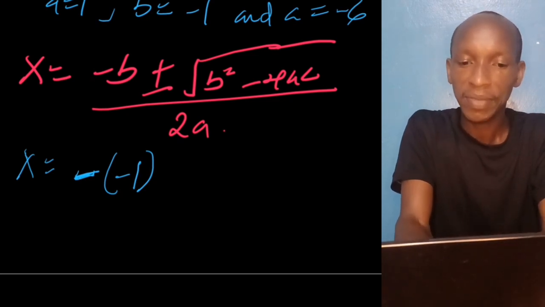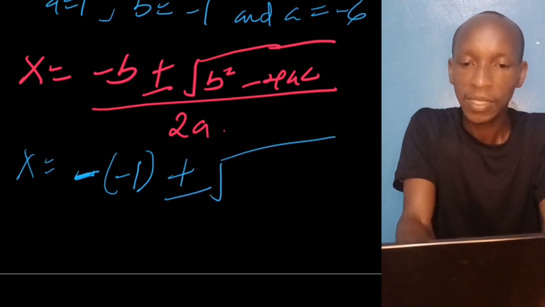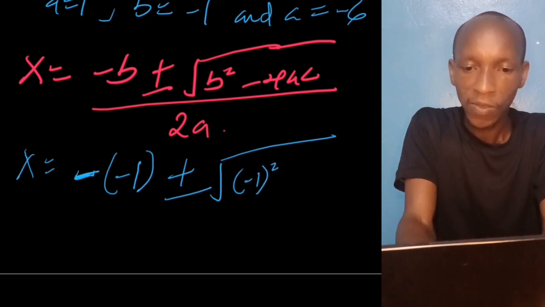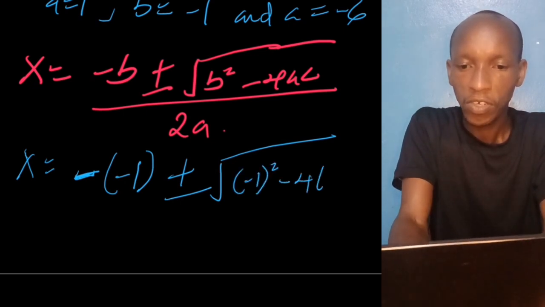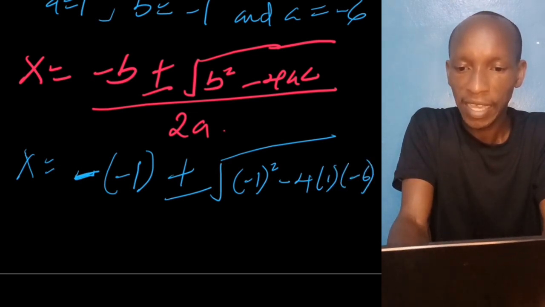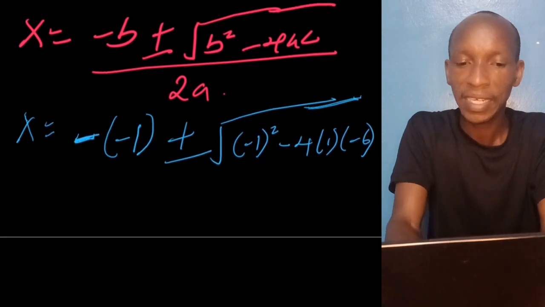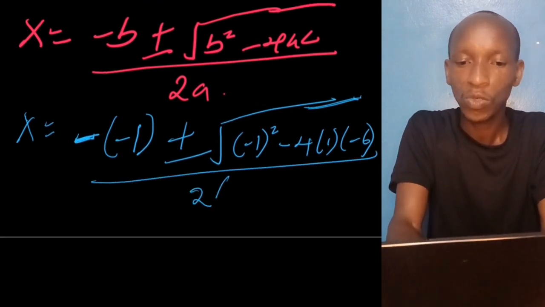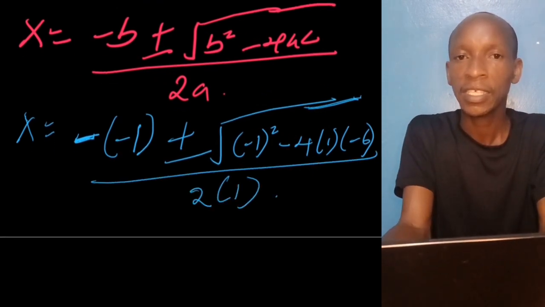So negative of -1, and then plus or minus the square root of b squared. Our b is -1. Square that, and then subtract 4 times a, which is 1, times c, which is -6. Again, have that within a bracket, and then divide everything by 2 times a, and in this case a is 1.